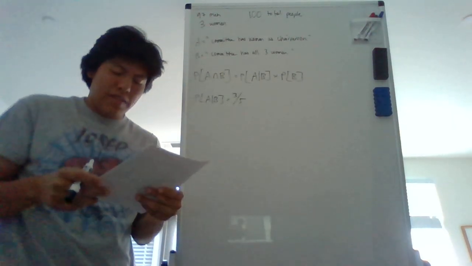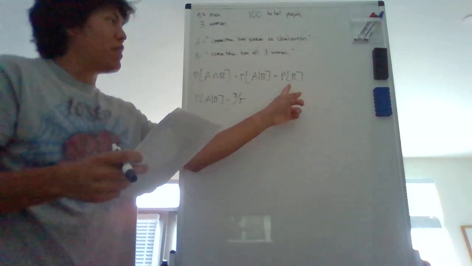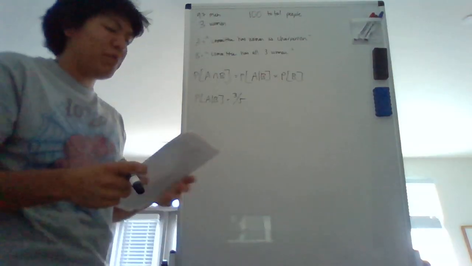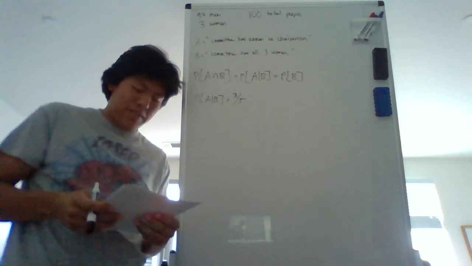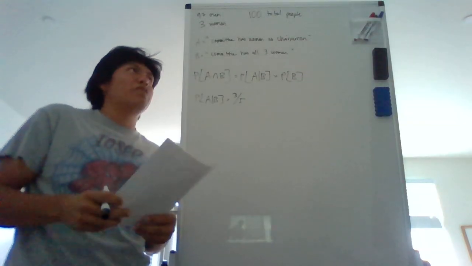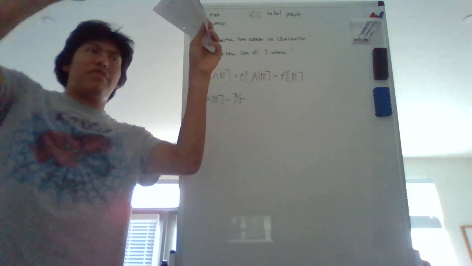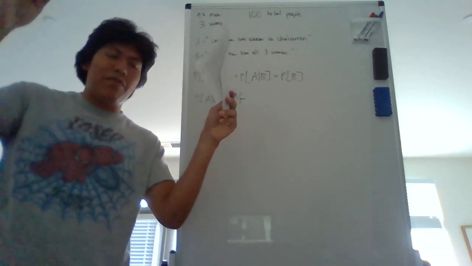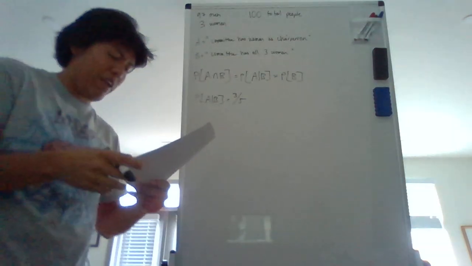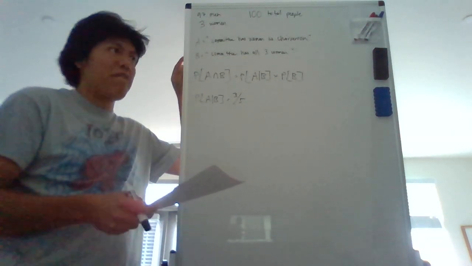All right. So now what we have to do is we have to find the probability of B. We have to find the probability that the committee has all 3 women. And in order to do that, we have to think broadly. What I mean by that is we have to look at how many possible committees have all 3 women, right?